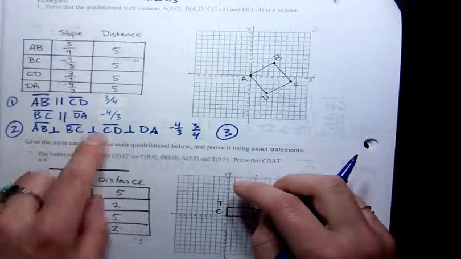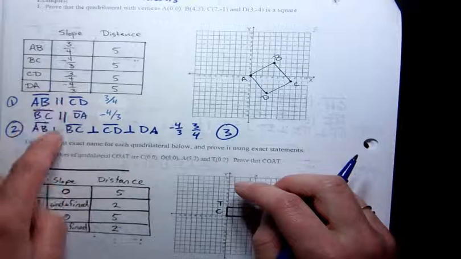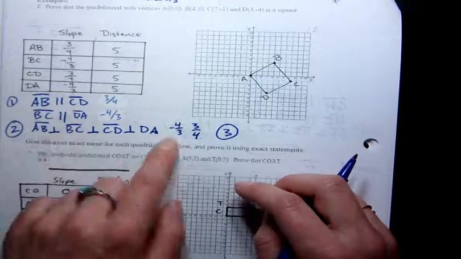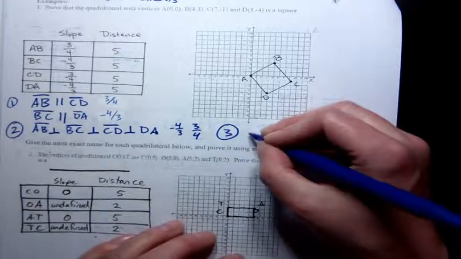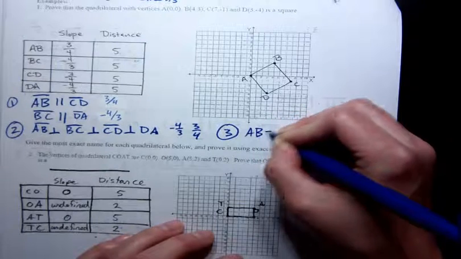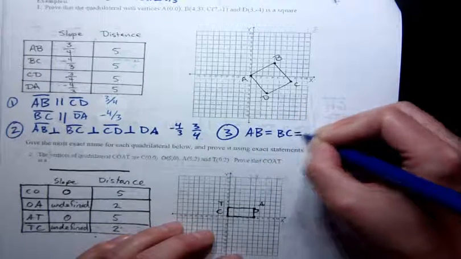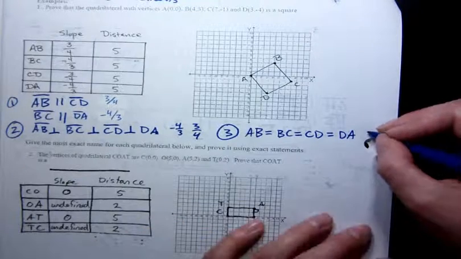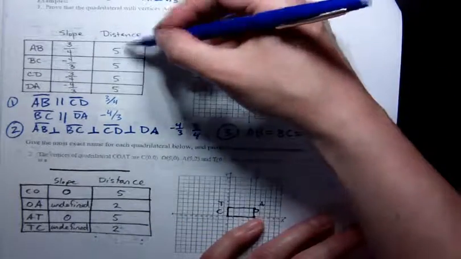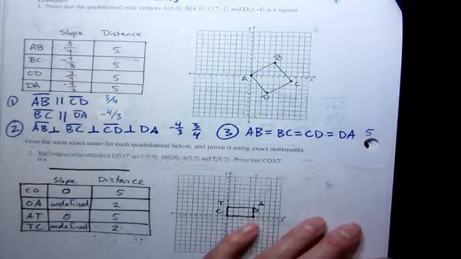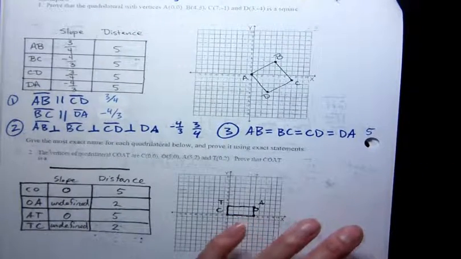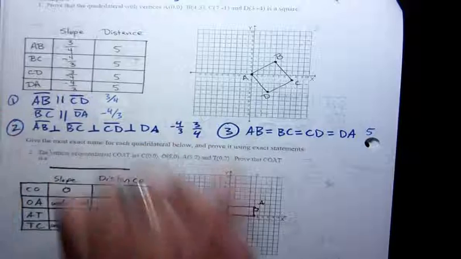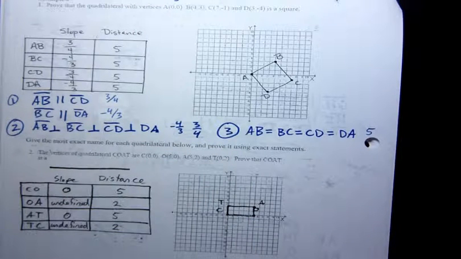So we just did the all sides are perpendicular. So make sure you know these parallel and perpendicular based off the slope. Now we're going to do our distance statement. So just AB equals BC equals CD equals DA, because they're all distance of 5. Okay, so that's what proves a square. Square has to have those 3 statements.